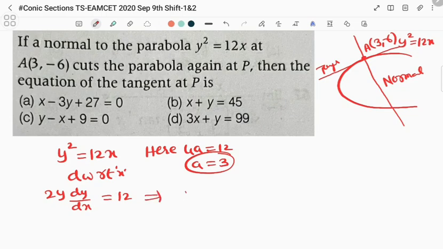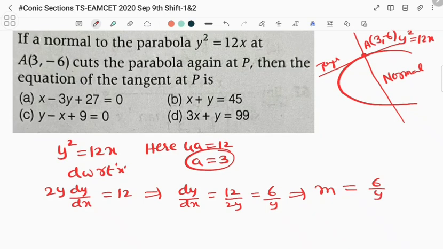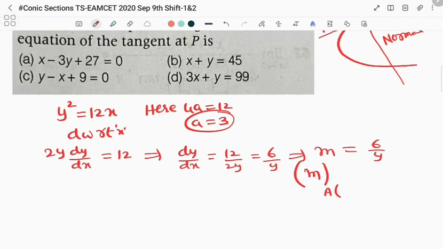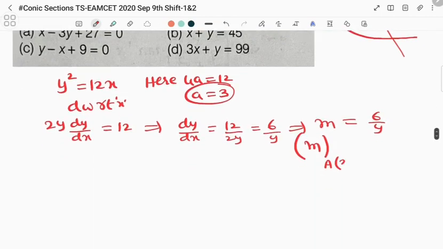So that implies dy by dx is equal to 12 by 2y, that is equal to 6 by y. So that implies m is equal to 6 by y. m value at A, 3 comma minus 6, in place of x and y, 6 by minus 6.